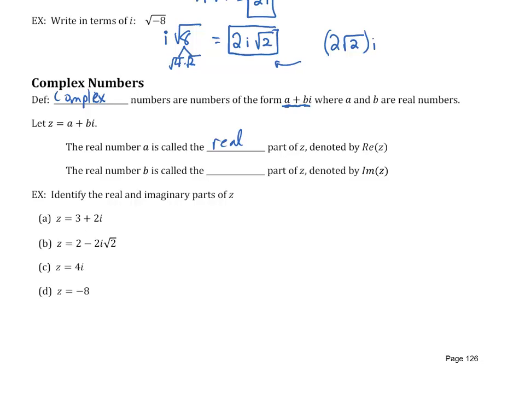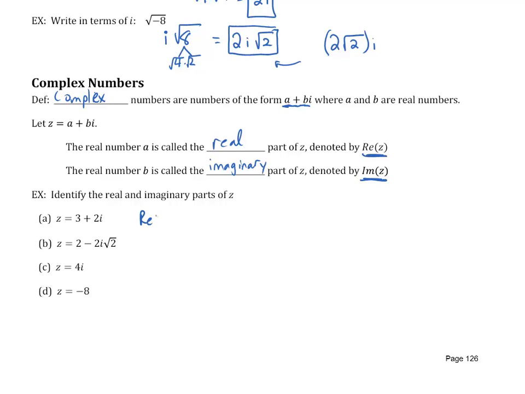And we call the real number b, which is the number that's out in front of the i, the imaginary part of z, which we denote by Im(z), and Re(z) is the real part.